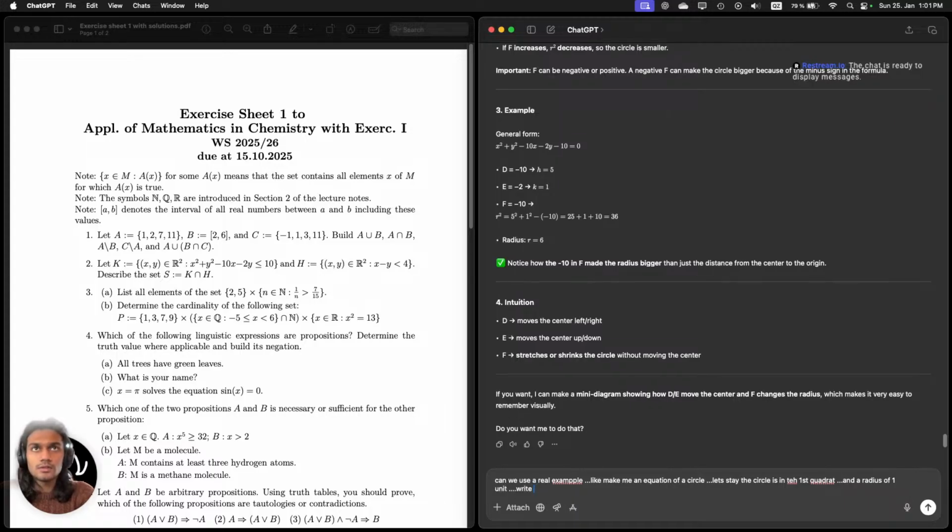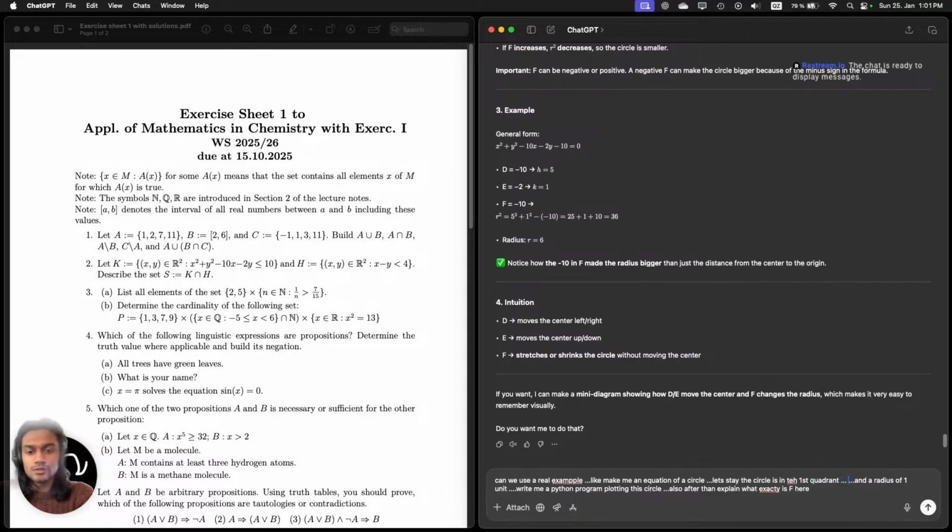Write me a Python program plotting the circle. Also, after that, explain what exactly is F here.